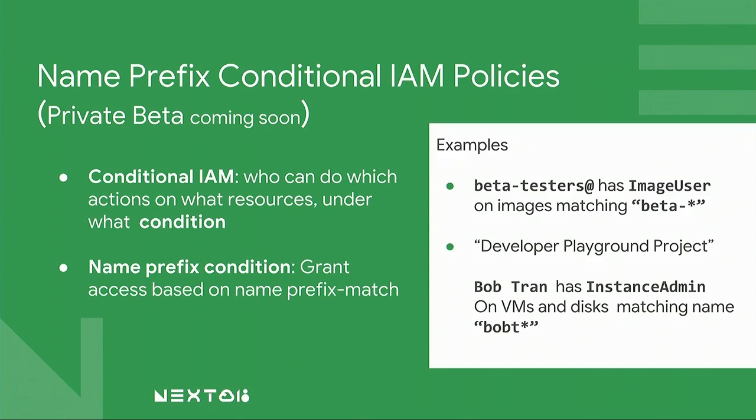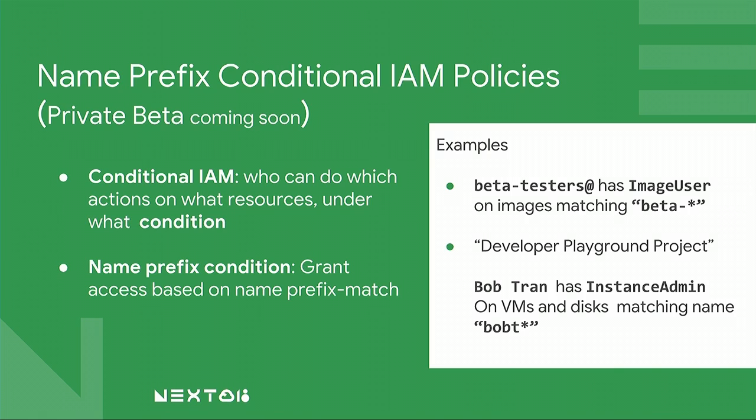Another common use case customers ask for that you can address with this name prefix condition is to build a so-called developer playground. Many companies, when new developers join, like to put them all in the same project to test out and build their prototypes, because creating an individual project for each one is a lot of overhead.